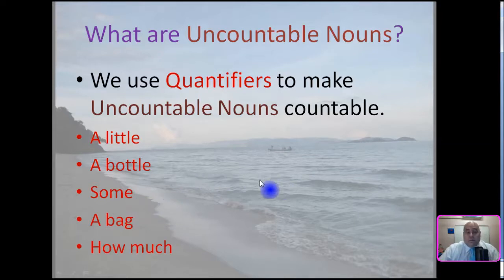I need some water, some flour, some sand. A bag of. You can't count the sand in a bag, but you can count a bag of sand. A bag of sand, a bag of flour. How much? How much money? These are all quantifiers that we use in front of uncountable nouns.